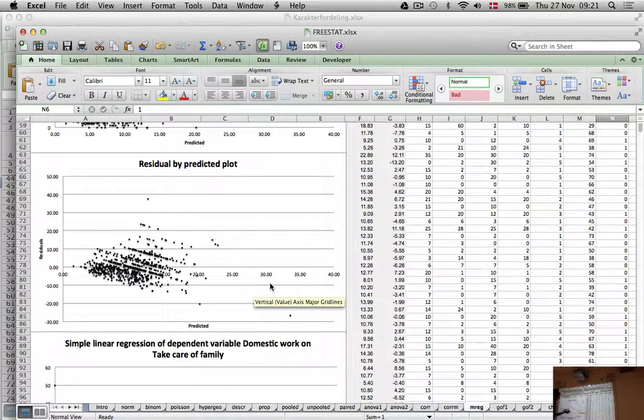Also, the cone shape doesn't necessarily have to go this way. It could also have had this shape. So we would like the residuals to have even variance, right? Something like that.